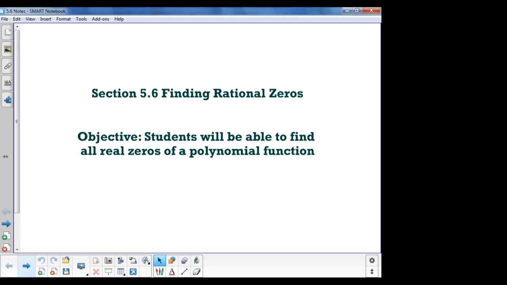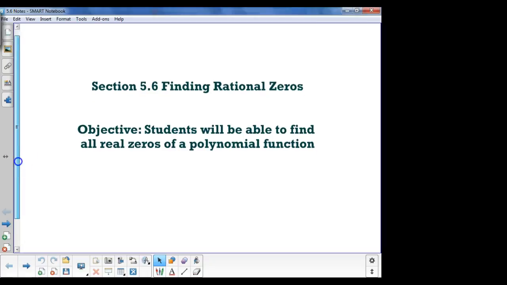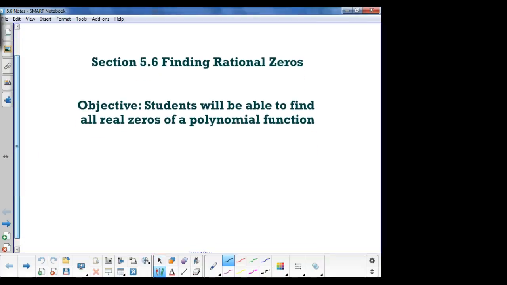All right, so section 5.6, finding rational zeros. That's the goal today. Now, if I were to have a function, f of x equals, give me something here. 2x to the 4th plus 25x cubed plus what? Or minus, I don't care.